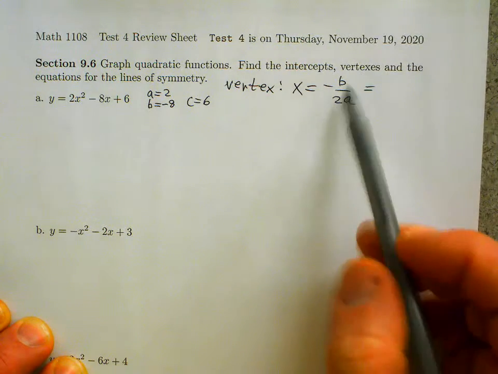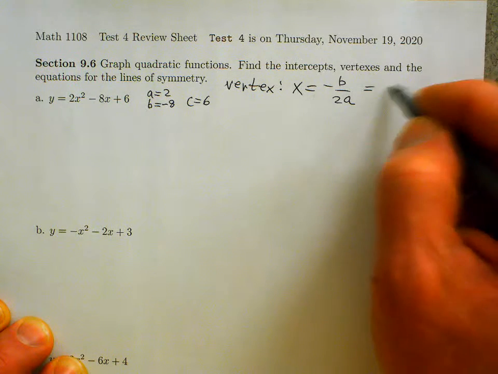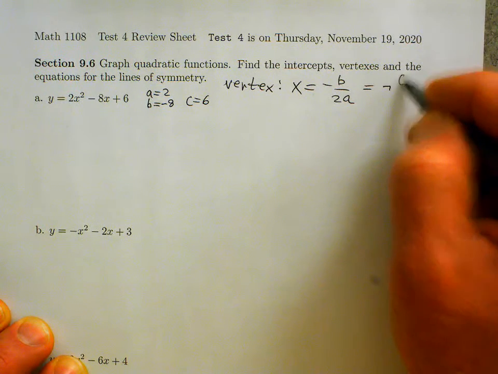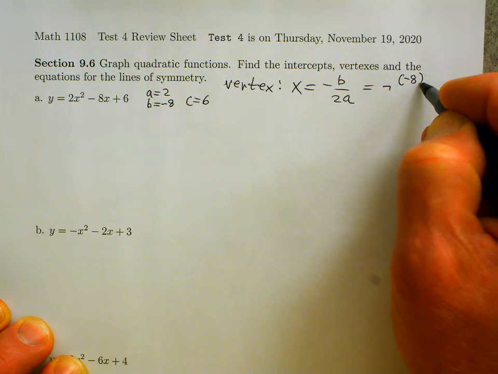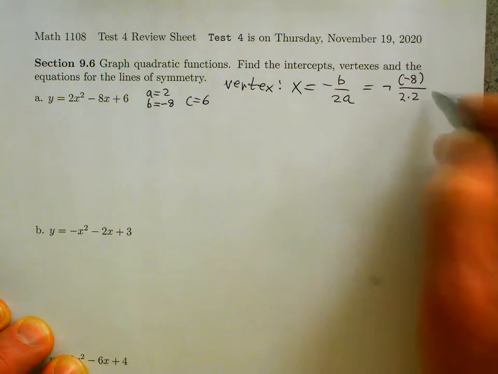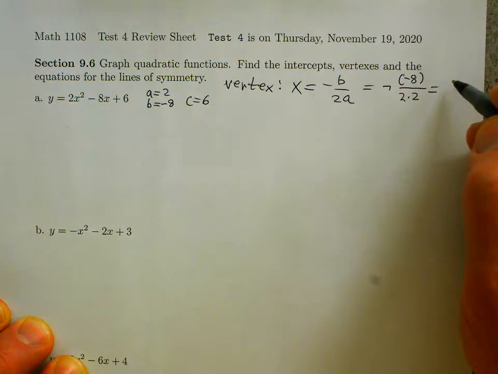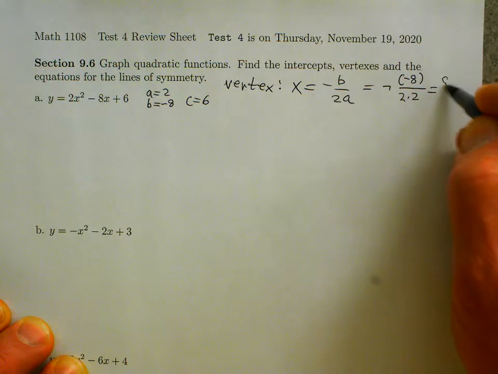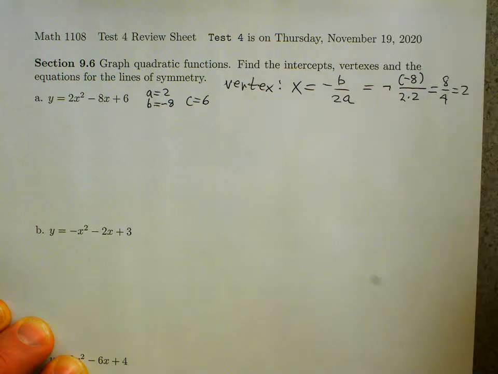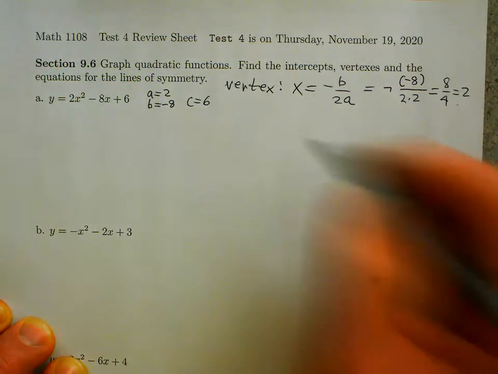We just need b and a. So negative of negative 8 over 2 times 2. So we get 8 divided by 4, which is 2. So that's the x-coordinate of the vertex.